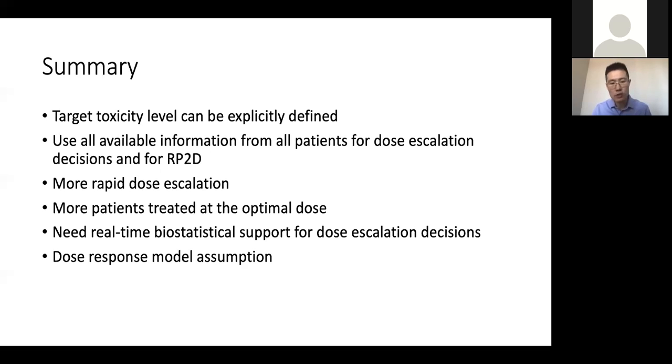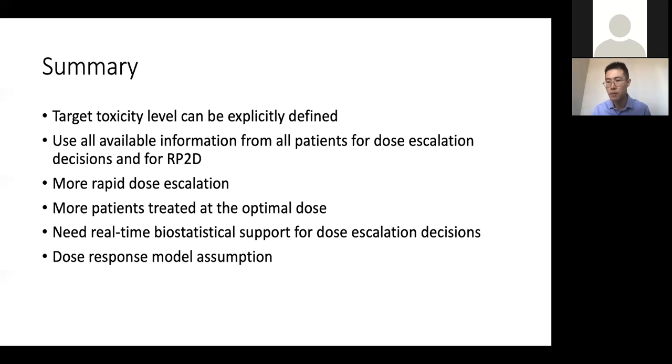And there are dose response model assumptions. This is the difference between the BCRM and the previously mentioned BOIN or mTPI designs. Some people have concerns about the dose response model assumptions, but the original paper and the papers afterwards evaluating the BCRM method show that those dose response models are robust.